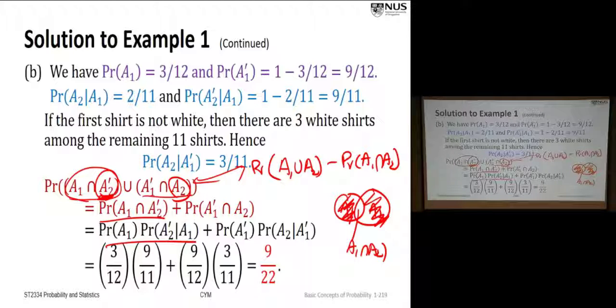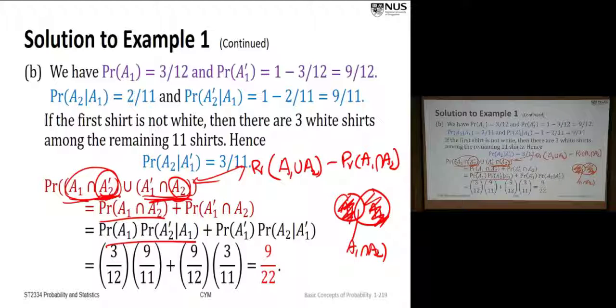Prove it mathematically. Don't draw a Venn diagram. A Venn diagram cannot be used as a proof. So you have to use the operations on events that we discussed in earlier sessions. But anyway, maybe this one is easier to do.